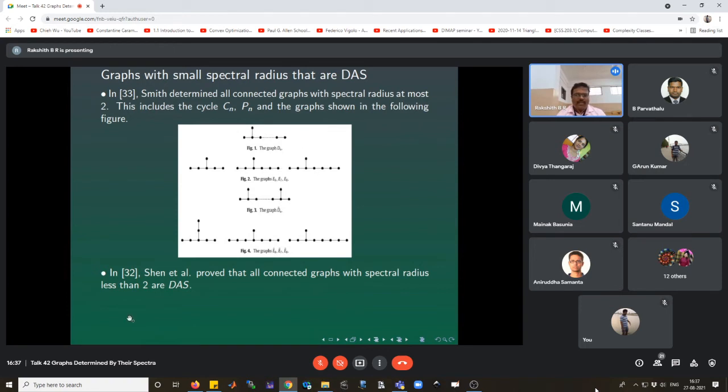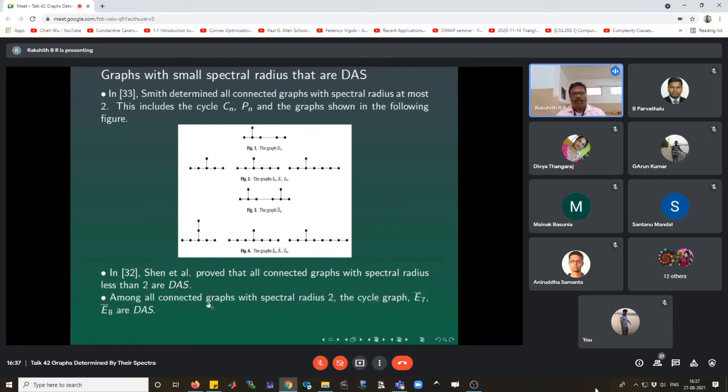Shen et al. proved that the graph Bn is determined by the adjacency spectrum, and this set of finite graphs is also determined by the adjacency spectrum, hence proving that all connected graphs with spectral radius less than 2 are determined by the adjacency spectrum.